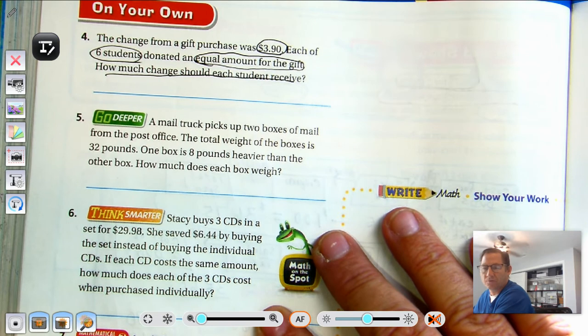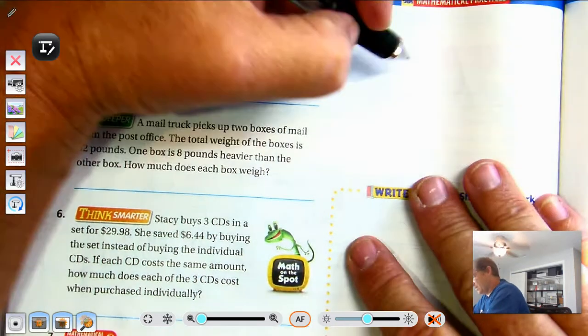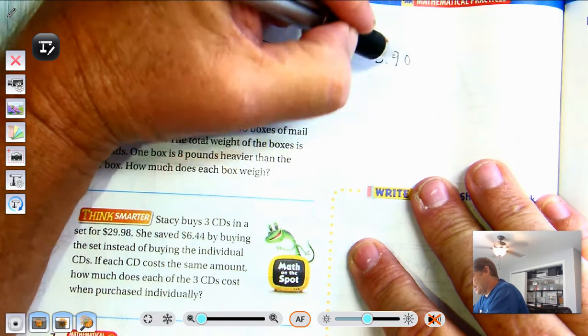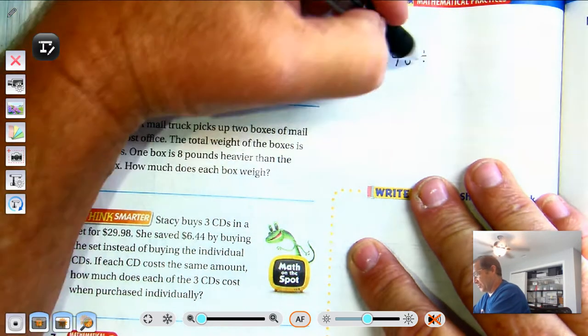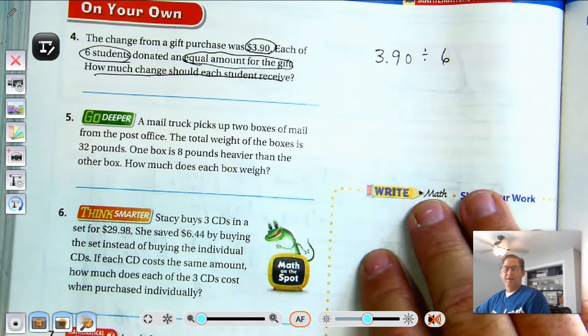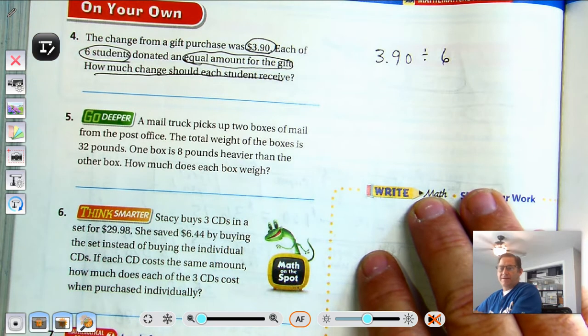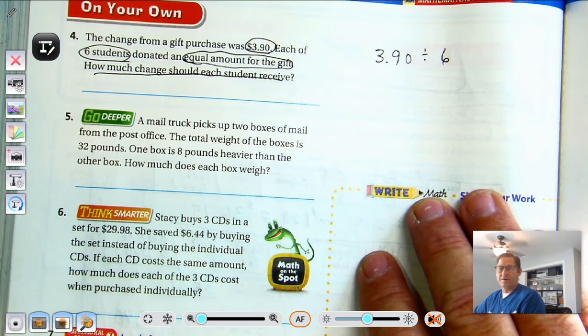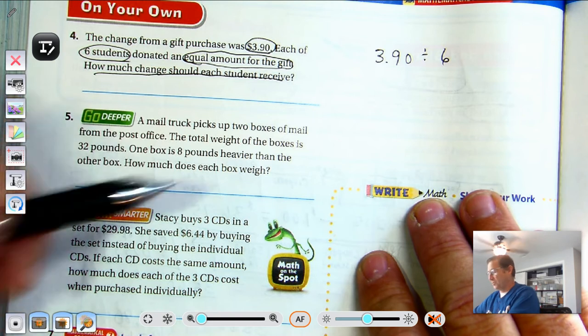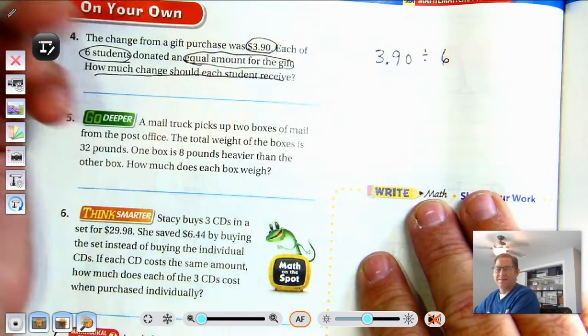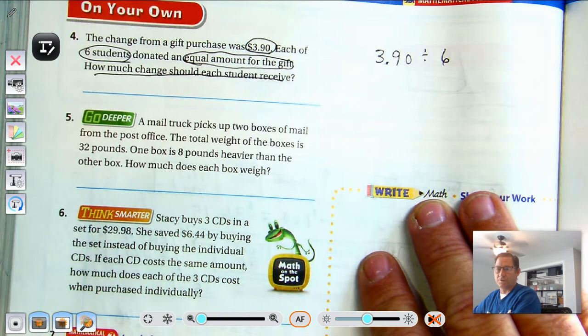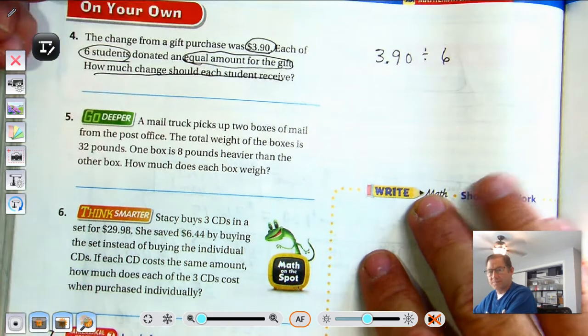And there's really no need to work backwards on this one. Basically, we're sharing $3.90 with the 6 students. If we each give an equal amount, shouldn't we all get an equal amount of the change? All right, so we're getting $3.90 back. That shouldn't just go to one person. We should share it equally among the 6 people.